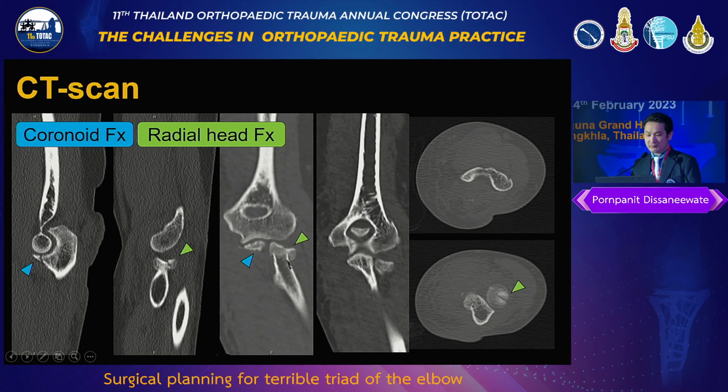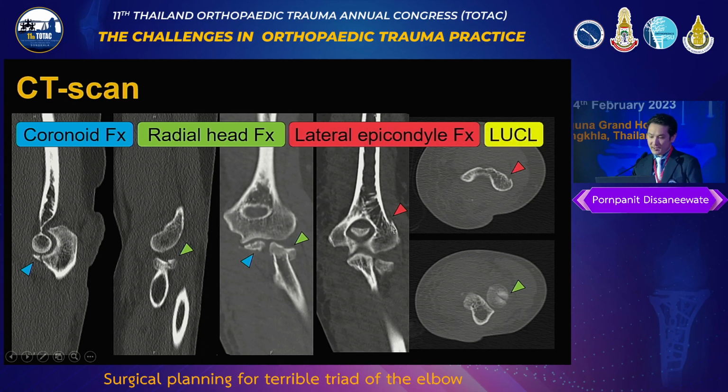When you reduce it, it will have a void. So sometimes I call this comminution or impaction of the radial neck. Some may call this a type 2 fracture, but I usually classify this as a type 3 fracture. You can also see this minimally displaced lateral epicondyle fracture. And for the elbow dislocation, we usually have the LUCL injury.